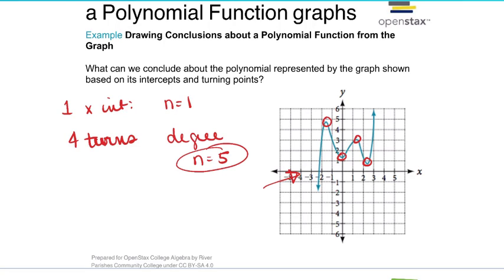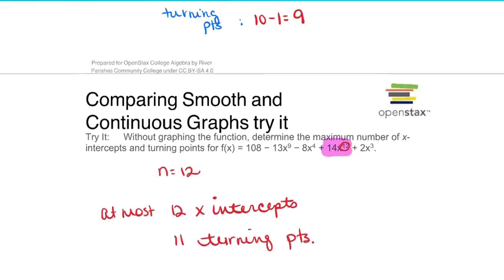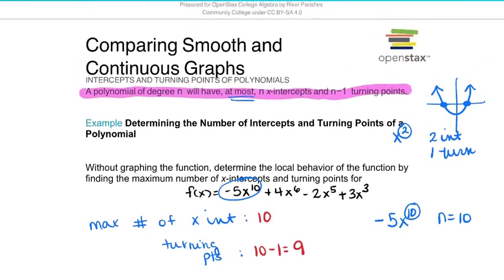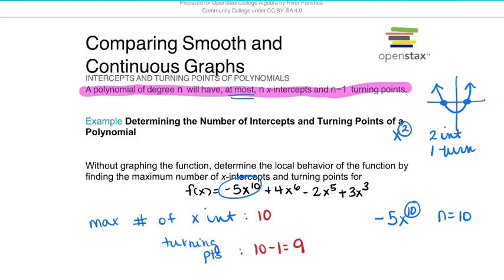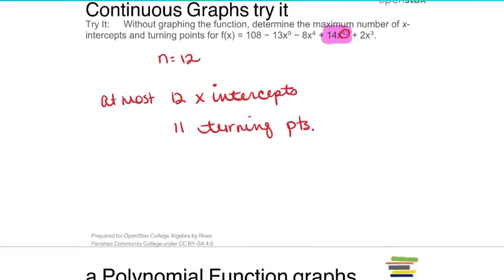So based off of this, I conclude about the polynomial that the degree is at least 5 because there are 4 turning points. Now there's only one x-intercept, but again, if you look back up here, it said a polynomial of degree n will have at most n x-intercepts and n minus 1 turning points.